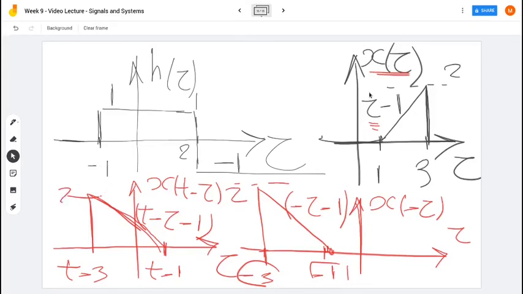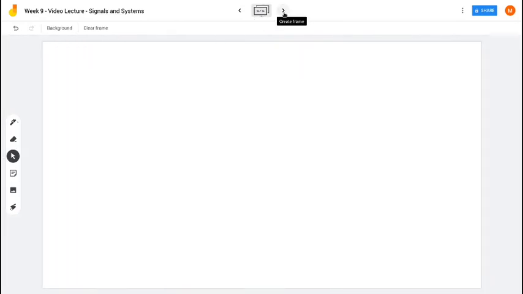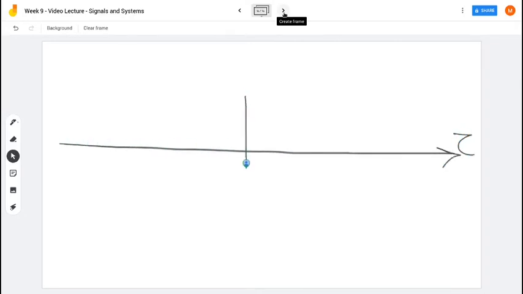And now we will be changing the value of t and observe the interval of overlap and try to write down the equations. Let me draw it one more time because this waveform is kind of confusing. So now we have h of tau.